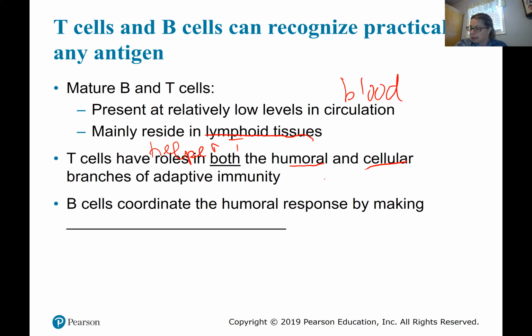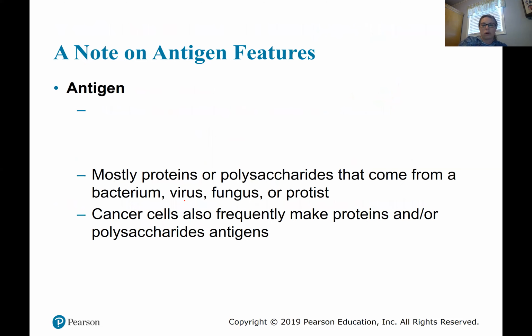Okay, B cells are going to basically work to make antibodies. Okay, the antibodies are actually what's going to do the work at eliminating pathogens when it comes to the humoral immune system. And we're going to talk more about antibodies toward the end here.